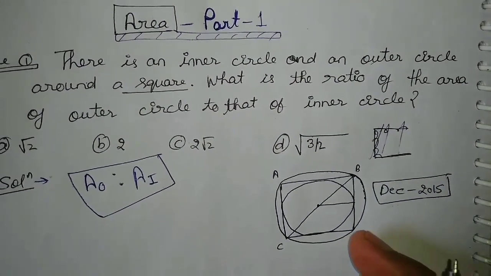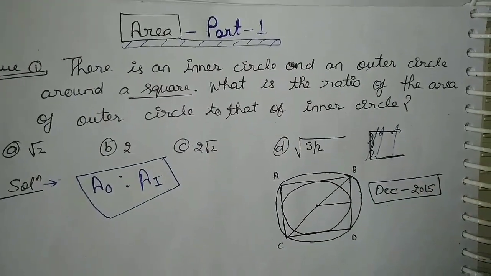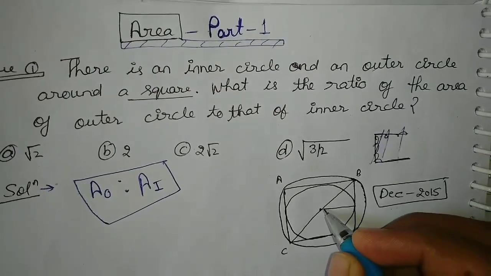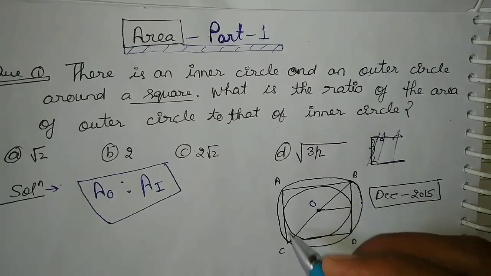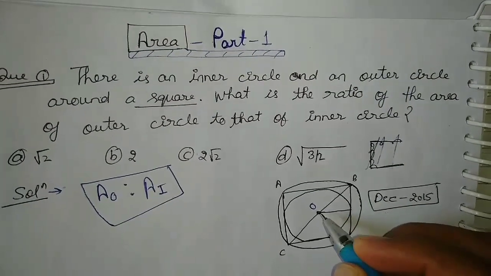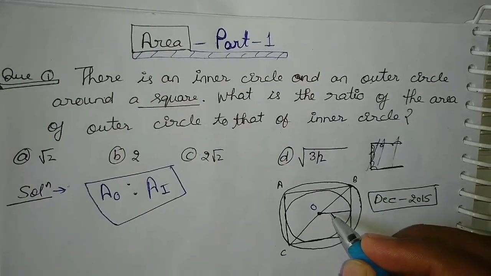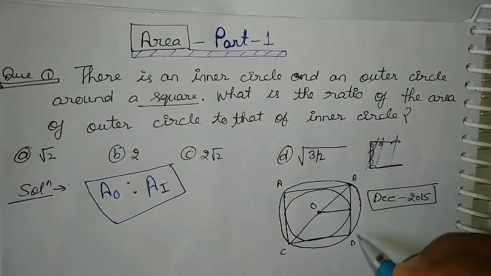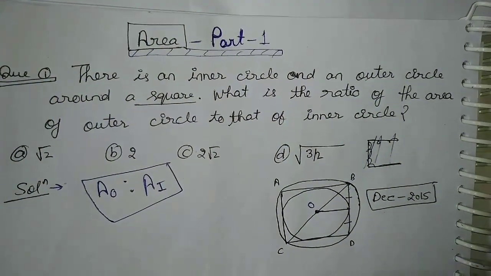Now I have to find the area of both circles, outer and inner. How will I find this area? First of all, I will draw a perpendicular from the center of both circles, because the center of both circles coincides at a point, say O. Now if you draw a perpendicular or a radius on this line, and this is a chord of the bigger circle, it will divide this chord BD into two equal parts.